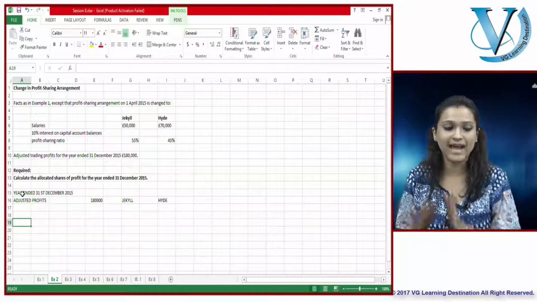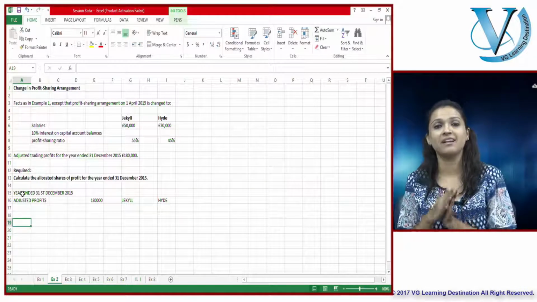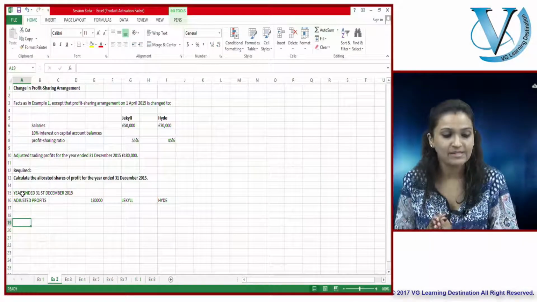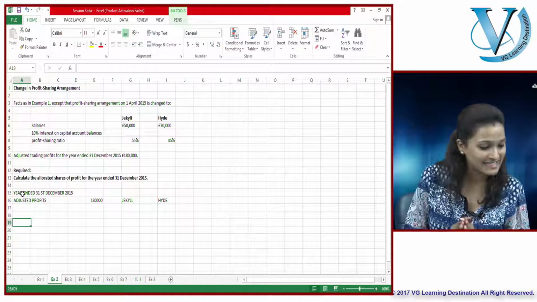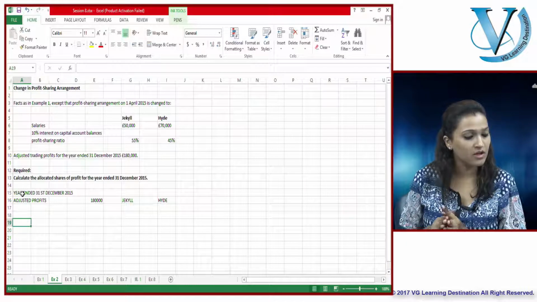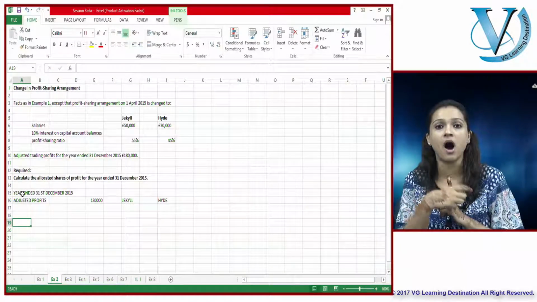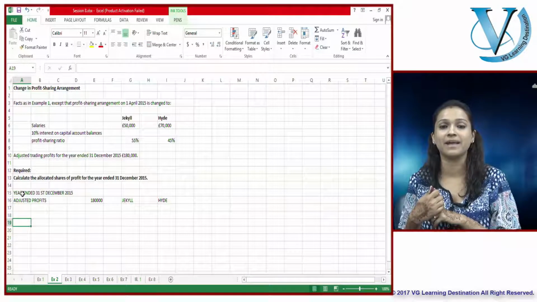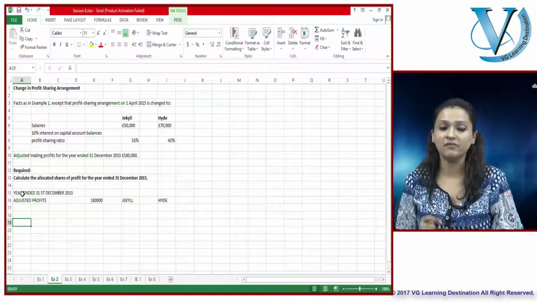We've got two time frames here, before the 1st of April 2015 and after the 1st of April 2015. So what happens before the 1st of April 2015? When did this year start? It started on the 1st of January. So January, February, March, 3 months, the profit sharing ratio remains 60/40. Thereafter it changes to 55 and 45%.